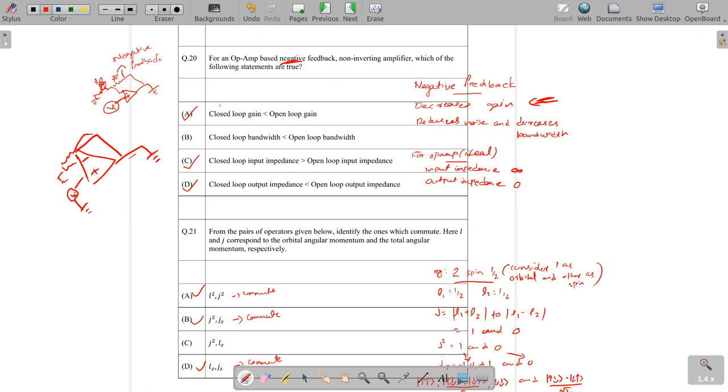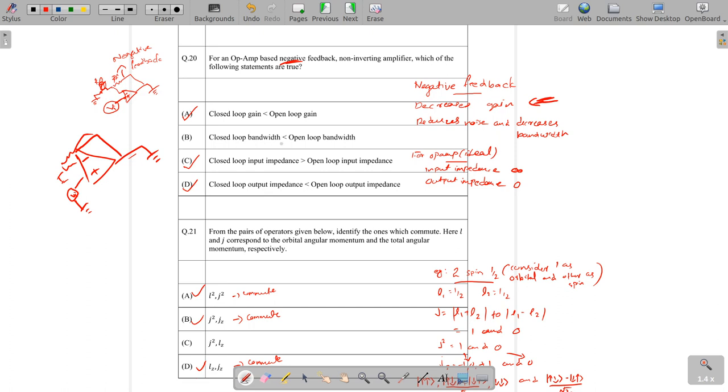So the right answers are here. The closed loop gain is less than the open loop gain. You can check this in textbooks or on Google. The closed loop input impedance is greater than the open loop input impedance, and the closed loop output impedance is less than the open loop output impedance. So these are the answers.